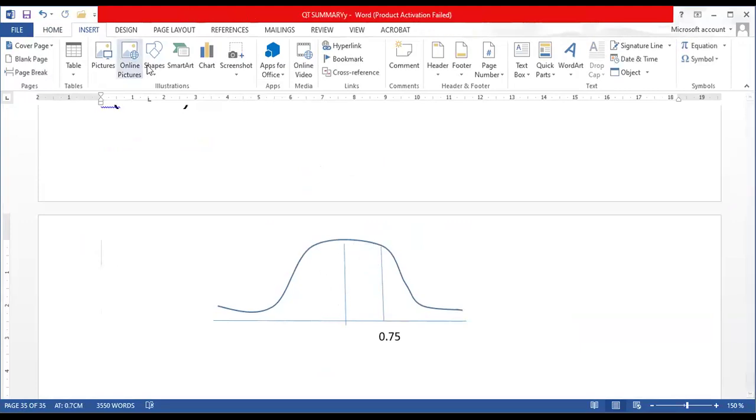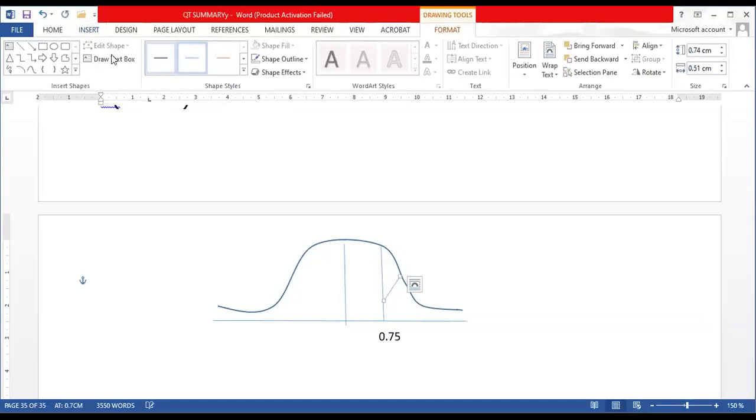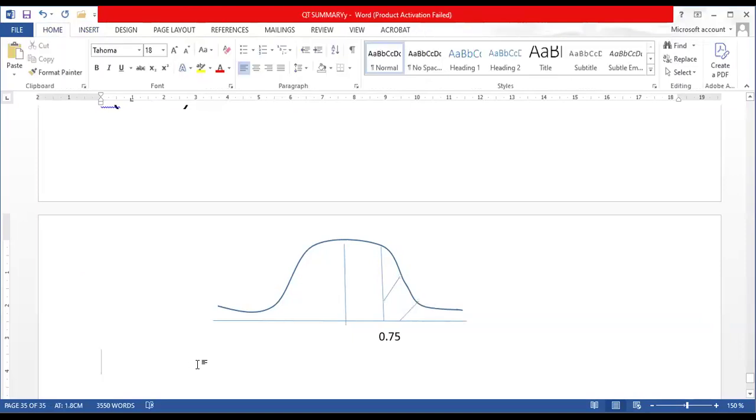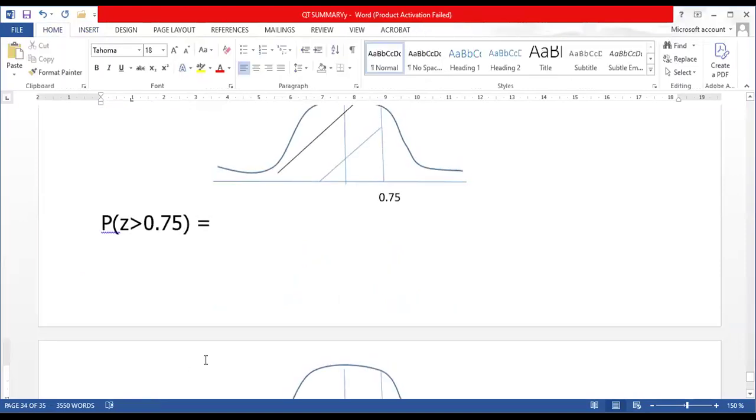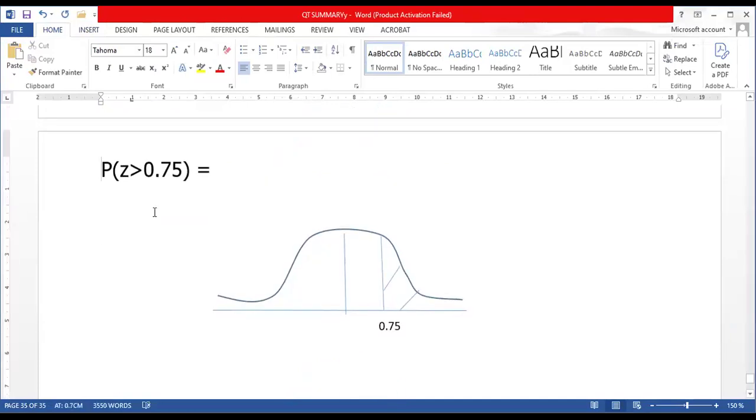After shading the right side, how will you state it? This is where students just mess up, but otherwise other things are very easy. How are you going to get this probability?